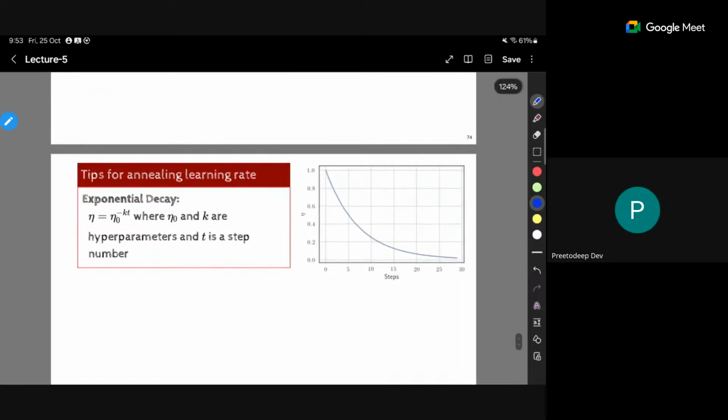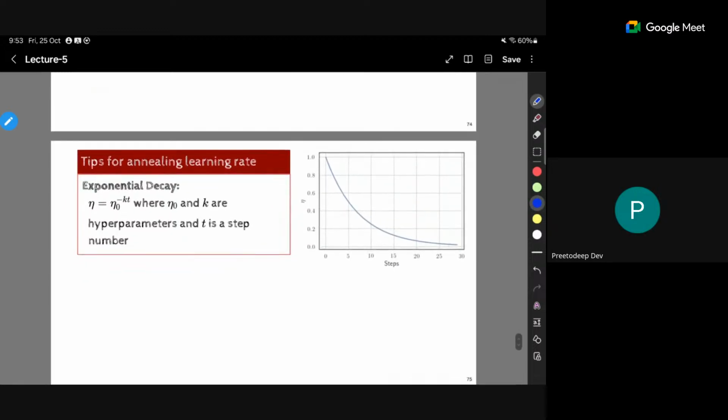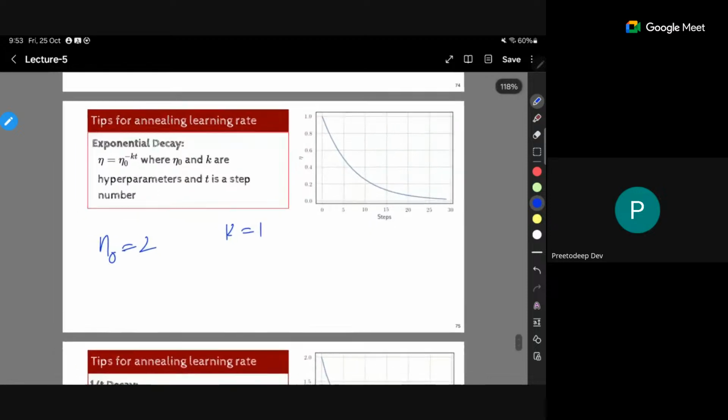Exponential decay. Since this is also easy, let's say I take eta 0 as 2 and k as 1. Initially, with t equal to 0, I'll have 2 power 0, which is 1.